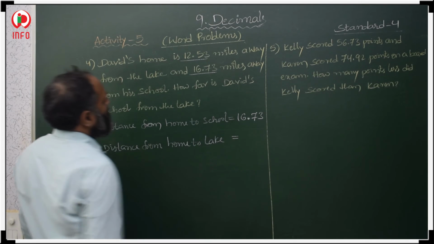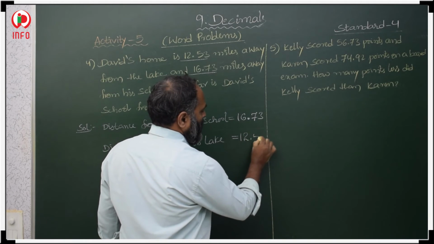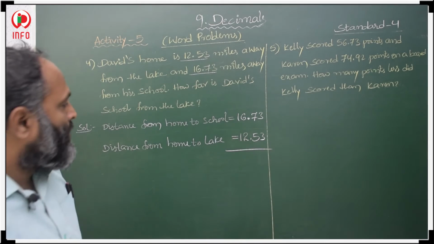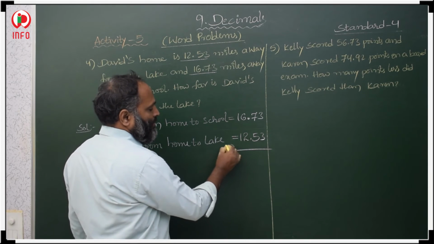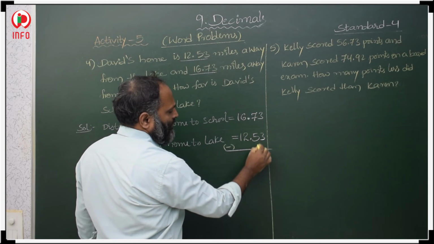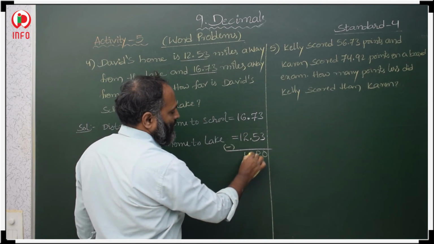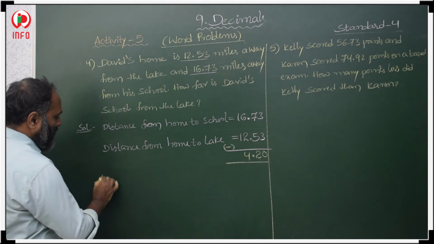What is the distance? 12.53. Now we have to find the distance from school to lake. So minus: 3 minus 3 is 0, 7 minus 5 is 2, and after the decimal 6 minus 2 is 4, 1 minus 1 is 0, no need to take. Then distance from school to lake.